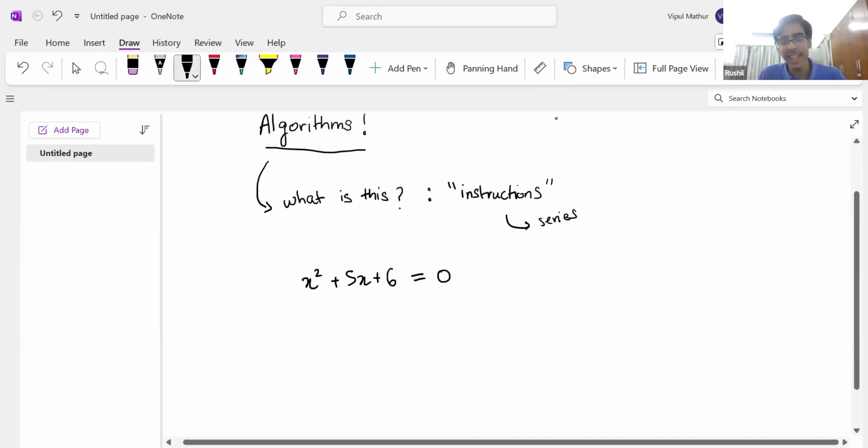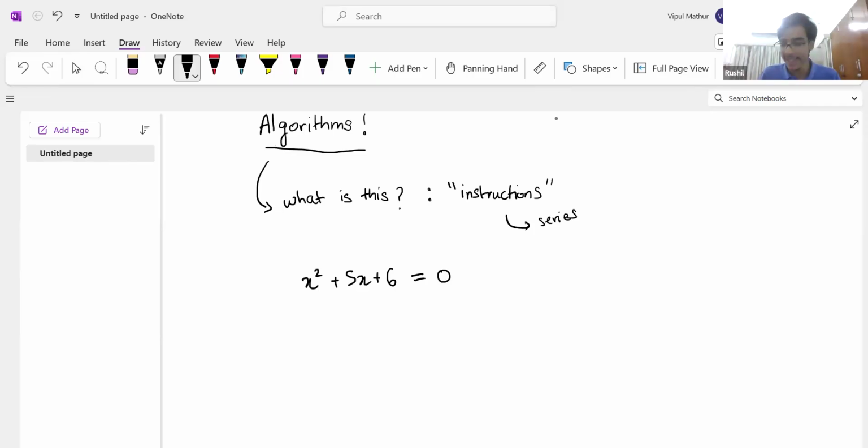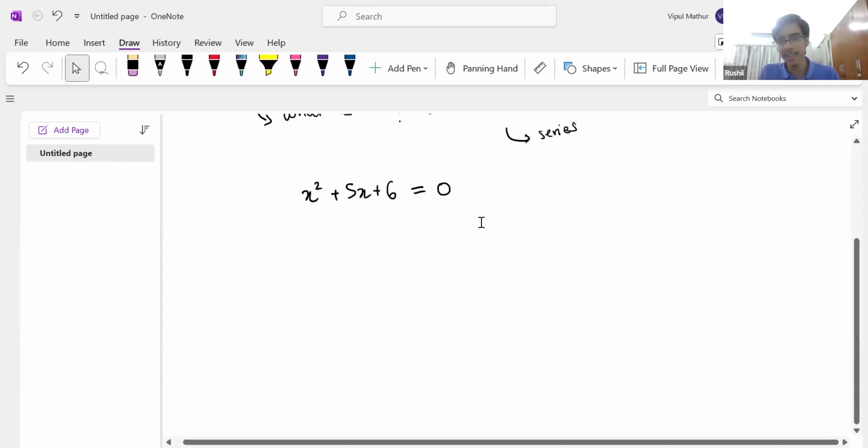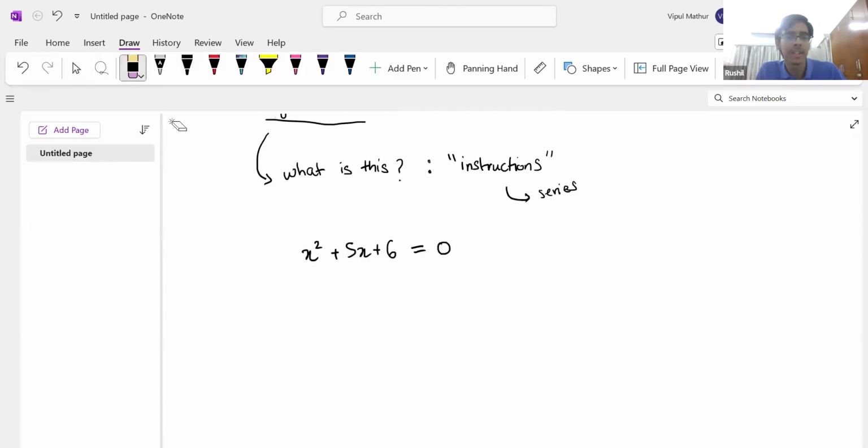But if in general I have ax squared plus bx plus c, what's the algorithm to find the roots of this? The formula is somewhat similar, a close word, not exactly the same thing. But how will I find the roots in general? How will I find the sort of instructions that need to be used in general? So that's one way of thinking about it.